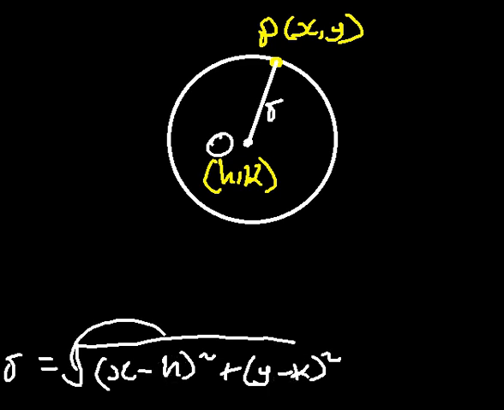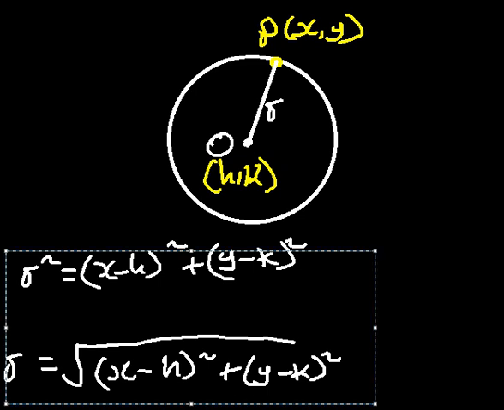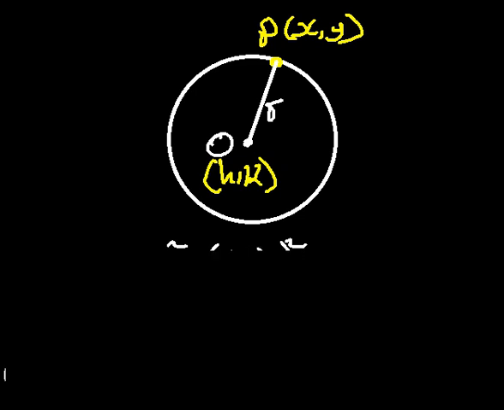Now in this case, this is what you call the equation of a circle, or else it can also be given in this form: r square is equal to x minus h to the power 2 plus y minus k to the power 2. So this is what you call the equation of a circle. So now, if we have the center coordinates as well as the radius, we are able to have the equation of a circle using that formula.